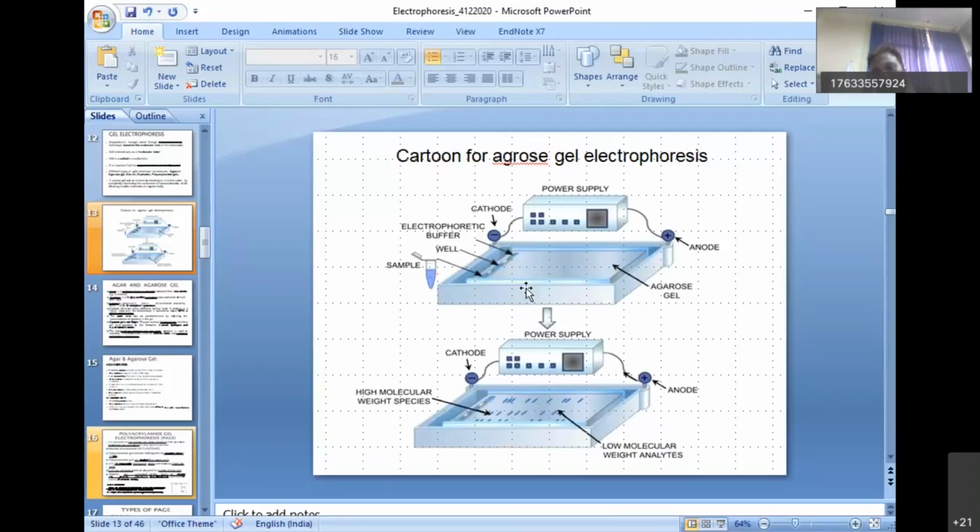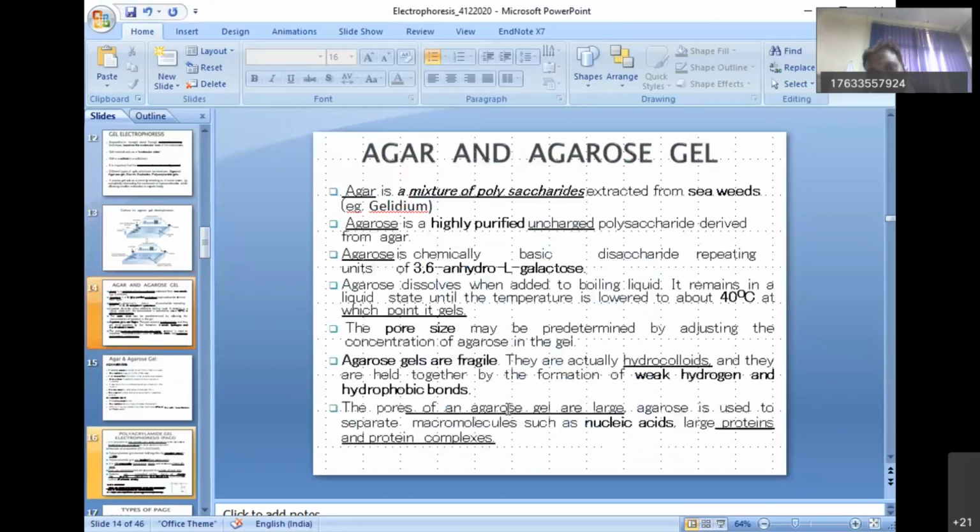When you cast the gel, there are different wells in the gel. You load your sample, and there are the cathode and anode. So give the power supply, and your sample will be migrated according to the charge and their weight, basically mass. So the larger molecule will stay on the upper side near the well, and the lower molecule will move down. So you can separate on the basis of their charge and size.